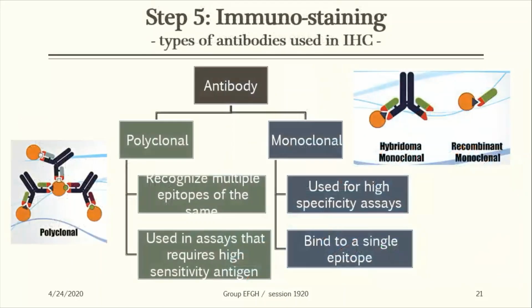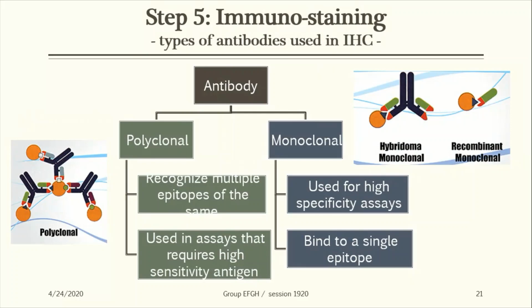In immunostaining, there are two types of antibody that we can use, which are polyclonal and monoclonal. As we can know, poly means multiple and mono means singular. Hence, for monoclonal, this antibody will bind to a single epitope.